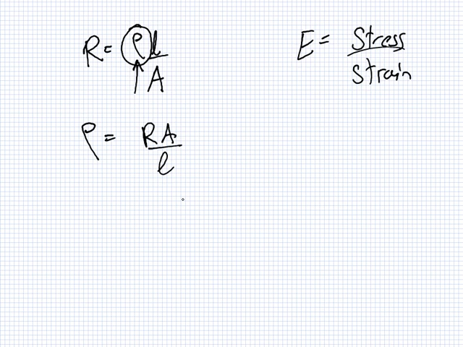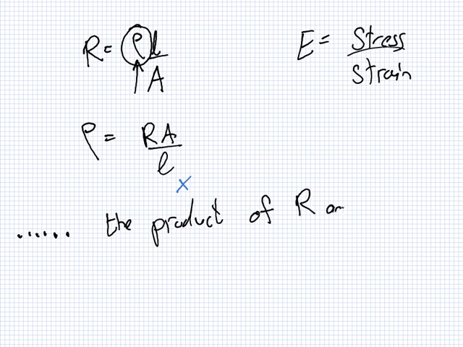So in the exam you would say the resistivity constant is the product, and product means multiply, of what? Resistance and cross-sectional area, but then we have to divide. So what's the word when we divide in a definition?